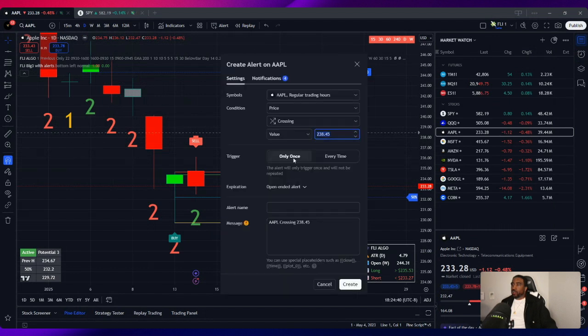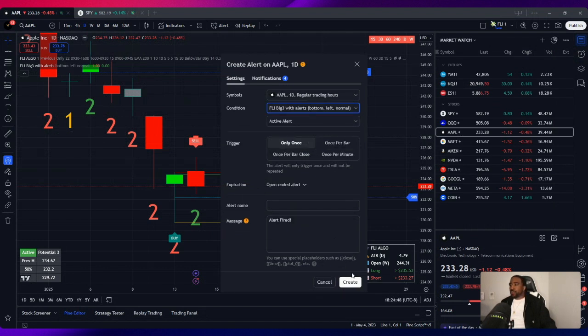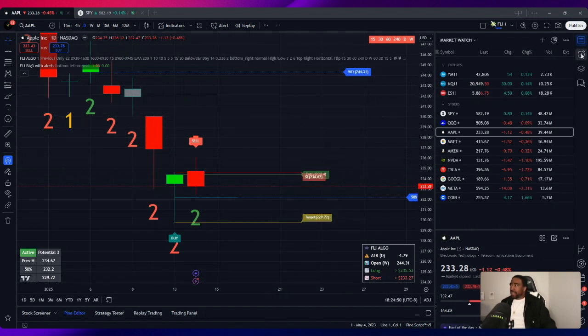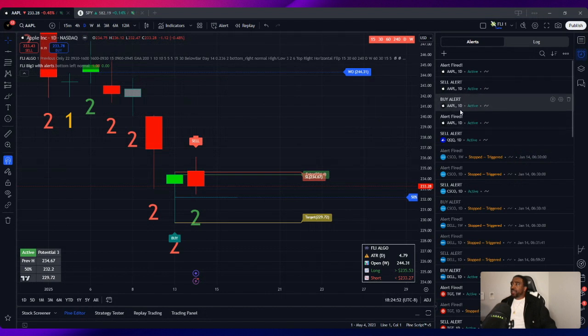I don't have to do too much, right? So after I set the buy alert and the sell alert on the day, I'll set my big 3 alert on the day. So now I got 3 alerts: the buy alert, the sell alert, and the big 3 alert on the day.